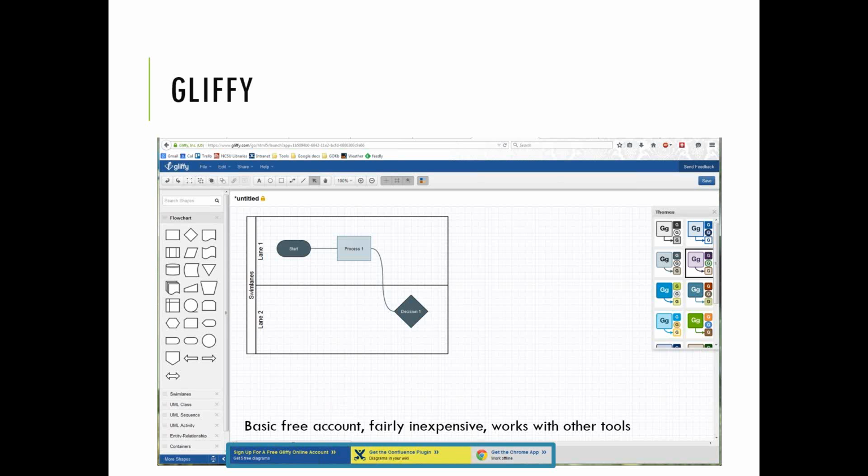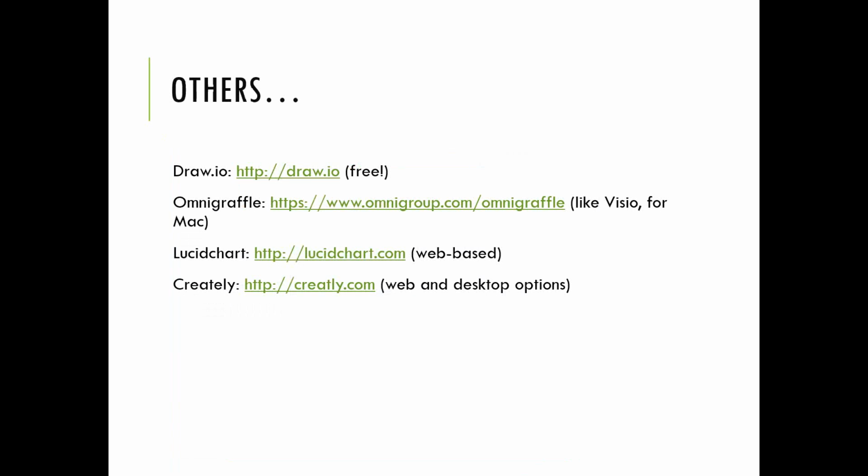And it also works with some other tools like Confluence, which I know a lot of libraries are using, and with Chrome, so you can work offline and not have to be dependent on having an internet connection. So I think this tool has been gaining popularity. And then these are just a few others that are out there.